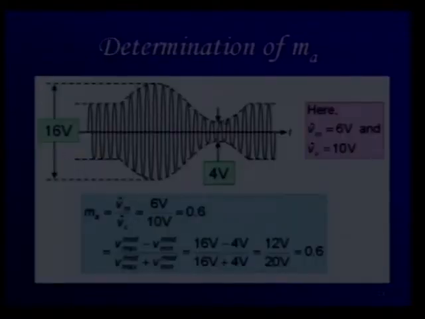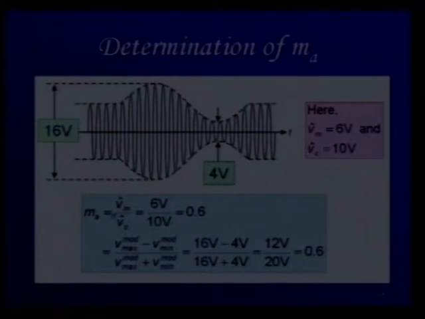I have shown here one particular example where we have V mod max equal to 16 volt and V mod minimum equal to 4 volt. We can achieve this when we have carrier amplitude equal to 10 volt and the modulating peak amplitude equal to 6 volt.